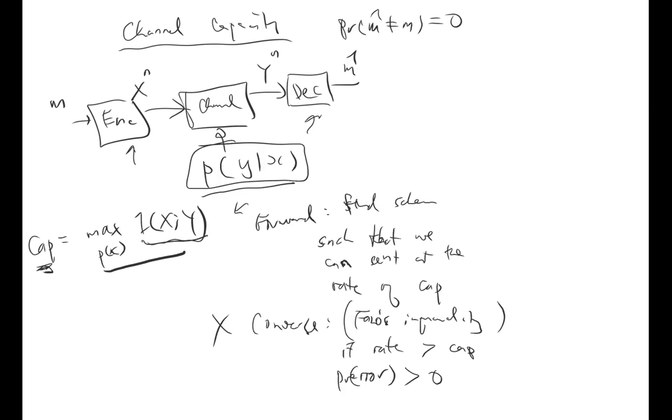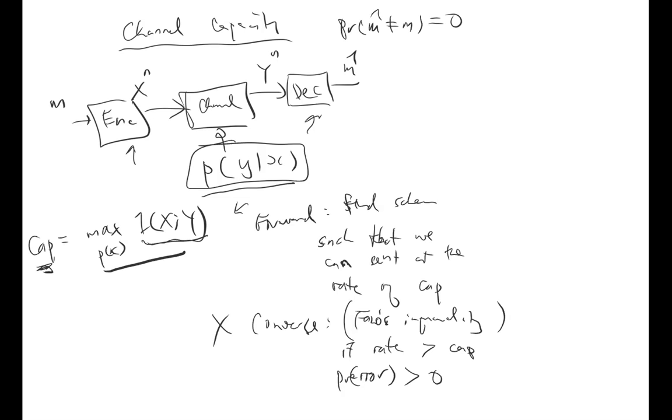Maybe if you find a bad scheme you may have a non-zero probability of error, but it's possible to find a good scheme such that the probability of error is equal to 0. On the other hand, if your rate of sending through the channel is larger than the capacity, no matter what you do, the probability of error will be bigger than 0. So is that all clear?